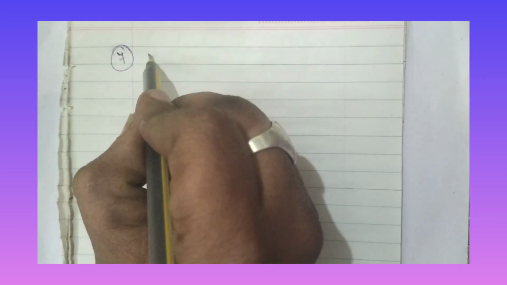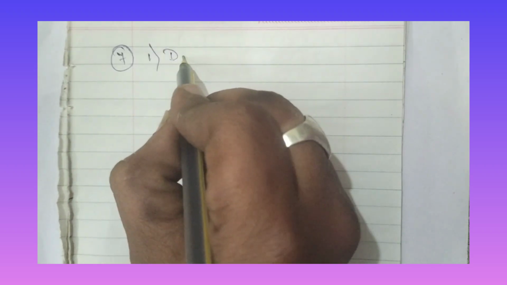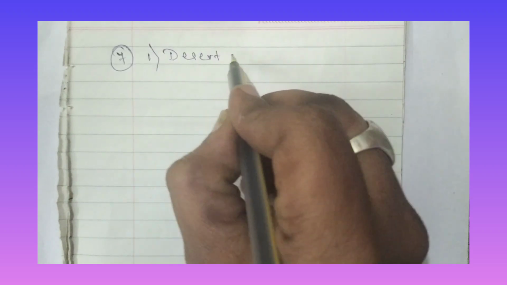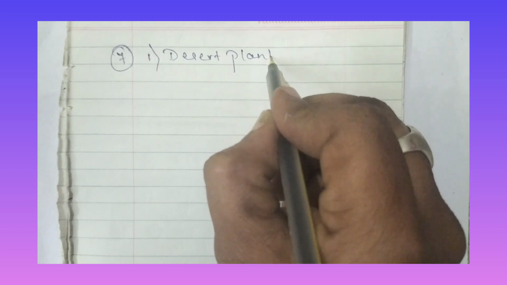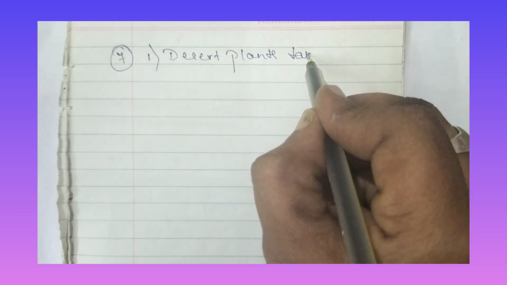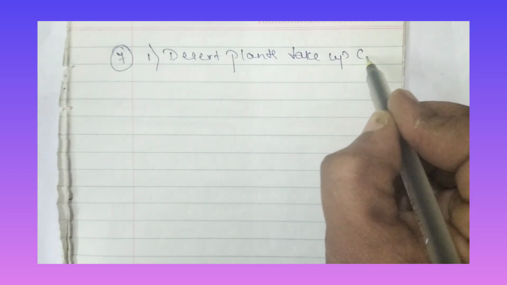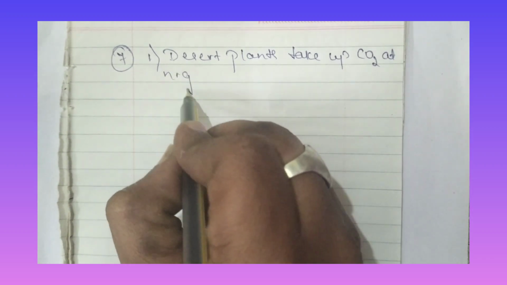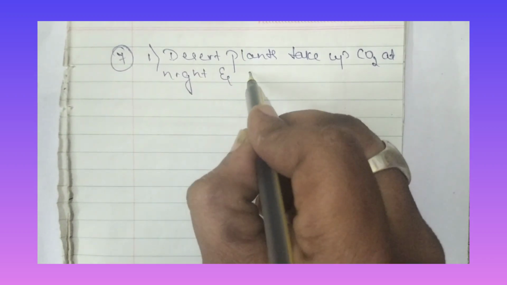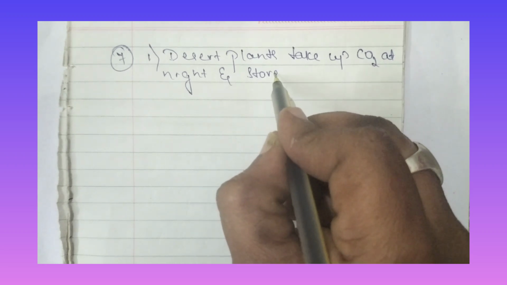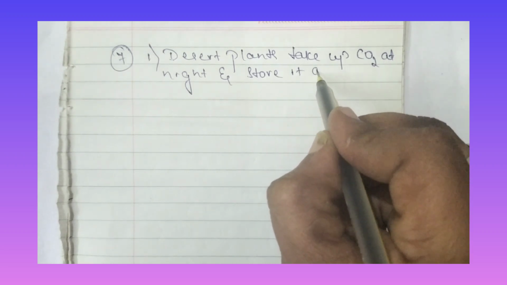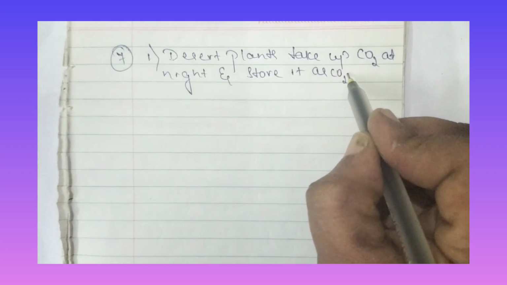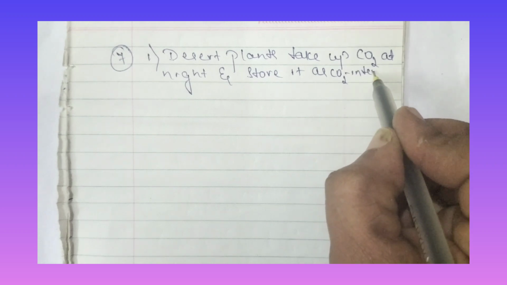The first point is desert plants take up carbon dioxide at night and store it as a carbon dioxide intermediate.